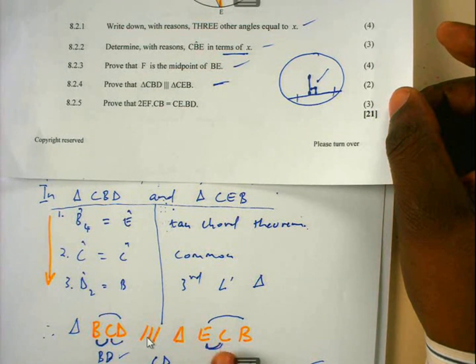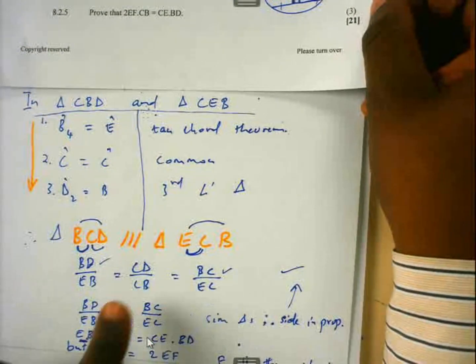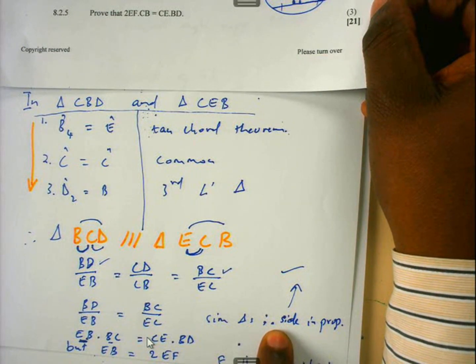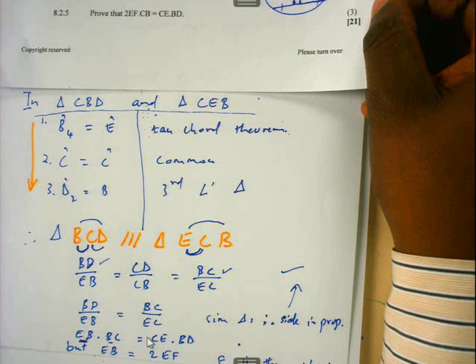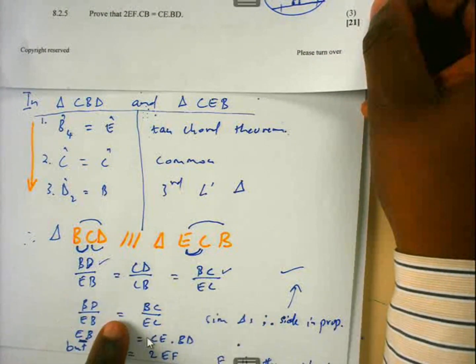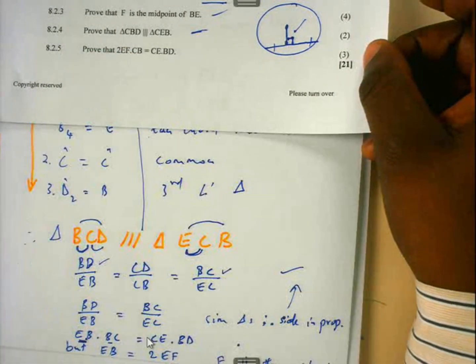That helps you to write your sides in the correct proportion. And the reason they're similar triangles means the sides are in proportion. Therefore, you can pick the two ratios that you are going to use to answer the questions.